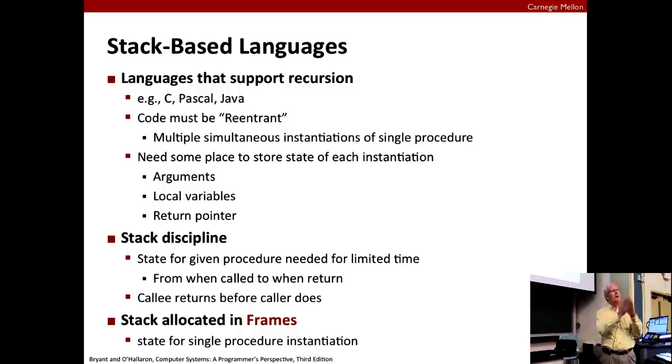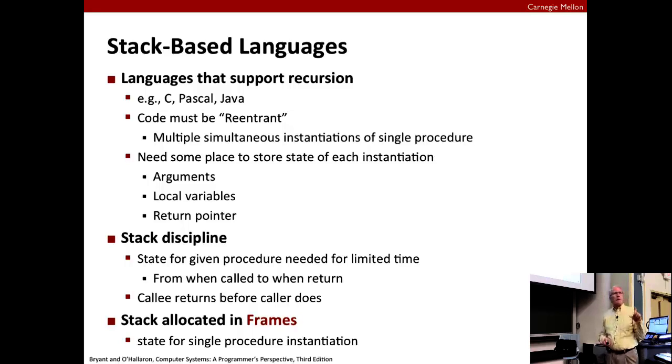But as they return, you kind of back out of the stack and free things up. So the stack discipline matches well this whole idea of procedure call and return. So each block we use for a particular call is called the stack frame.